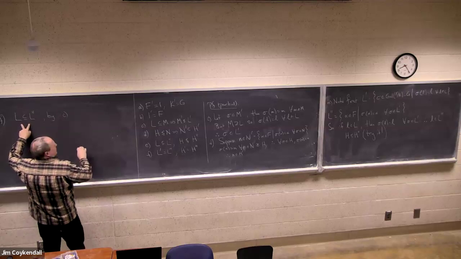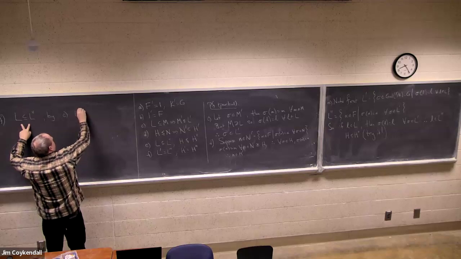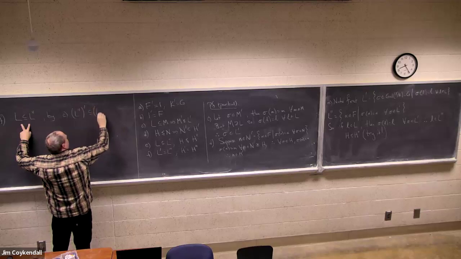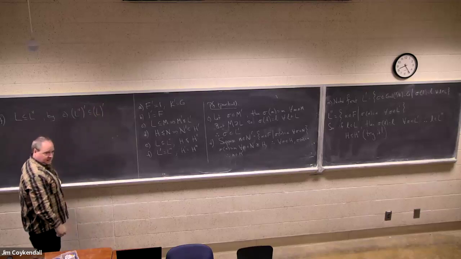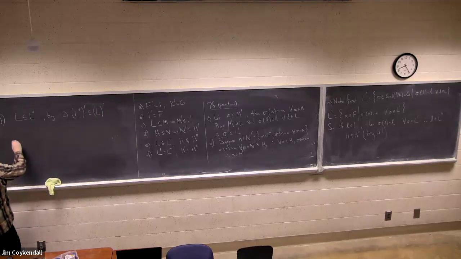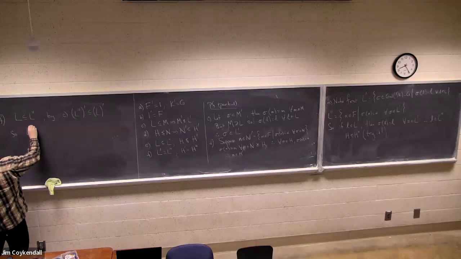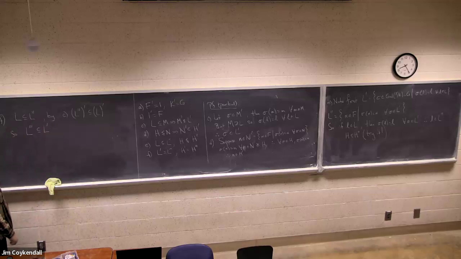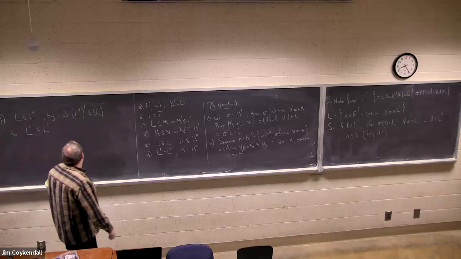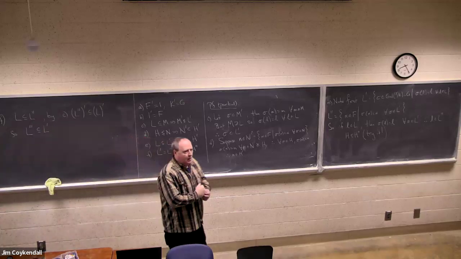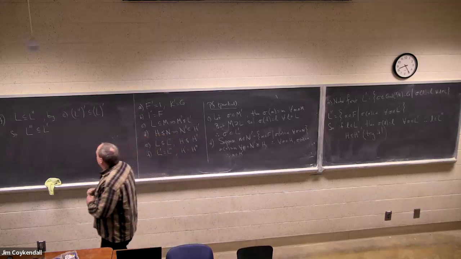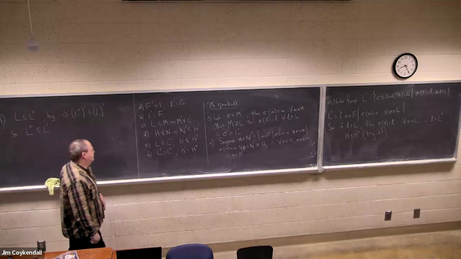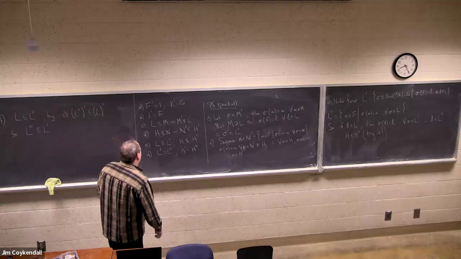That is to say that L double prime is contained in L prime. So, okay, what about the other containment? So L triple prime is bigger than L prime, that's not too bad. What about the other containment?